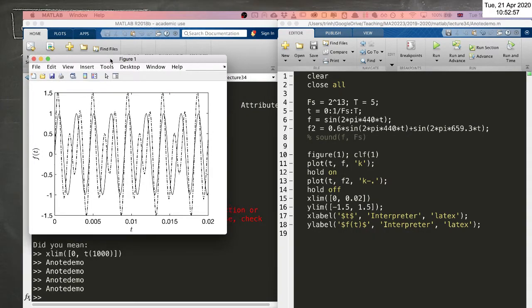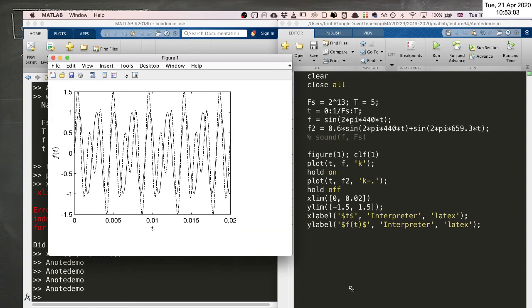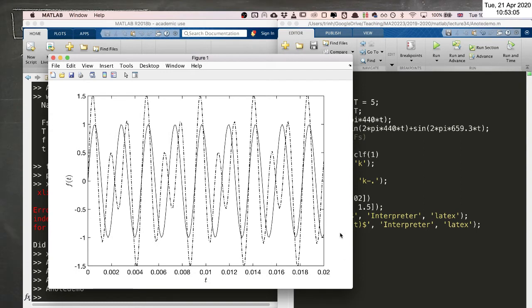Okay, here we go. So on this plot, you see basically two graphs. One graph is the 440 hertz signal.